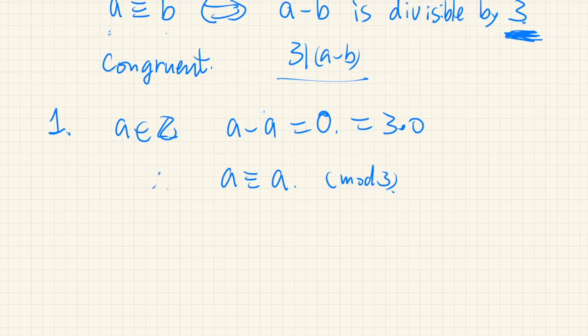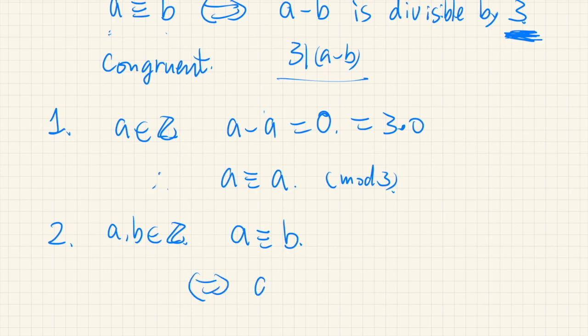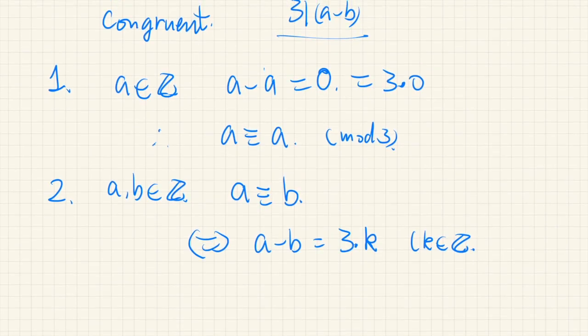And what about symmetry? So if a and b are integers, and we assume a is congruent to b, this means, by definition, a minus b is some multiple of 3, that is 3k, where k is an integer, right?